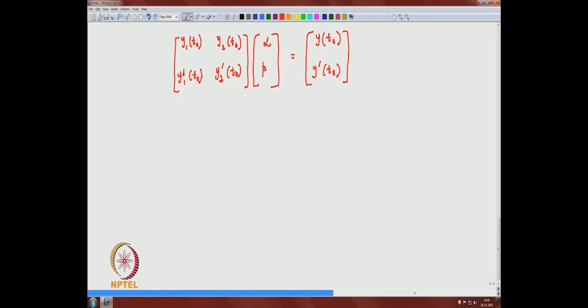So, if we want to solve for alpha, beta uniquely, we need the matrix to be invertible.